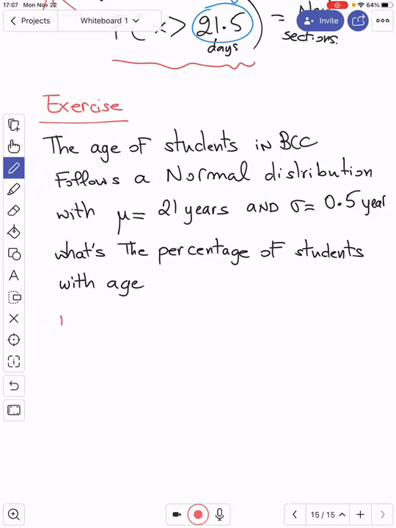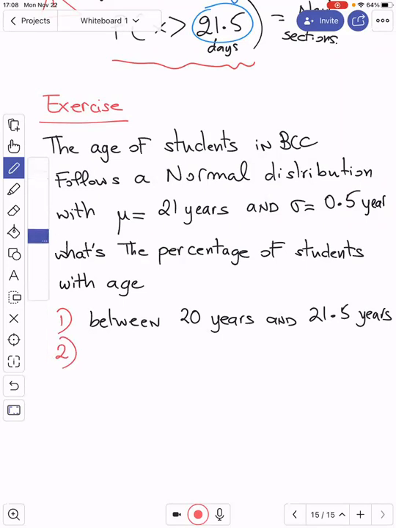First, let's say between 20 years and 21.5 years. Two, less than 20.5 years.